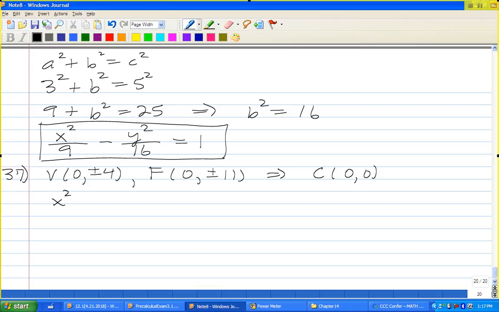Therefore, the equation of my hyperbola looks like, well, notice that the foci are along the y-axis, so the sign in front of the y squared must be positive, and the other one, the sign in front of the x squared must be negative. I do not know a. I'm given that b is 4 and c is 11.